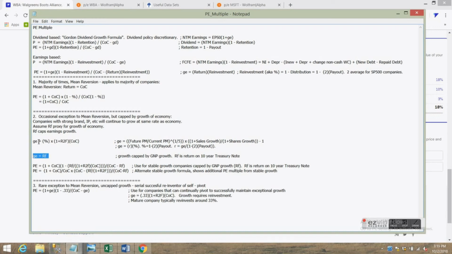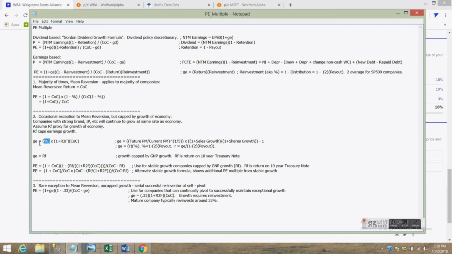So if you divide both sides of the expression for growth of earnings by the retention value, and make it equal to RF, you get RF divided by retention, which is what I refer to as the second phase return factor. So if we feel like they can earn maybe 3% more than their cost of capital, or 2% more, that would be reflected in this number here. And then you would add 1 to it, multiply it by the retention.